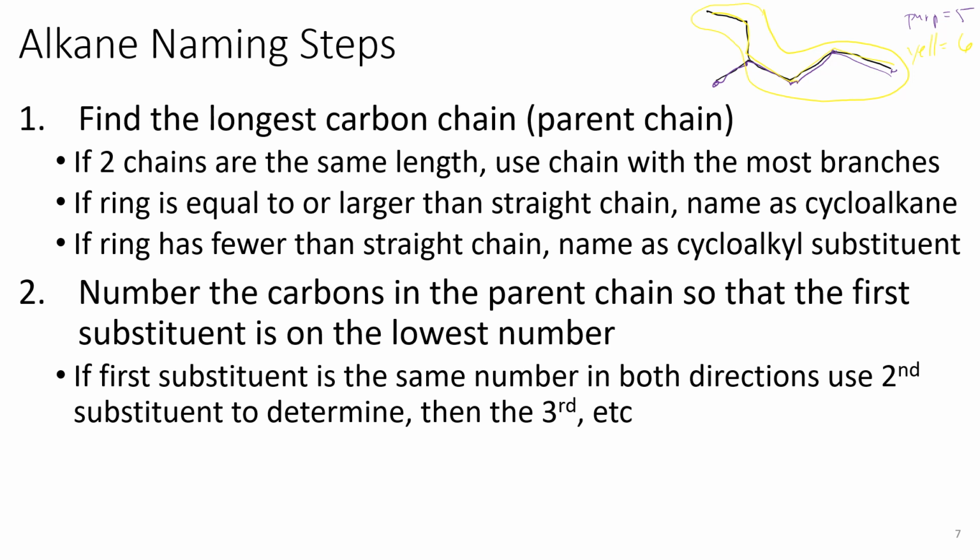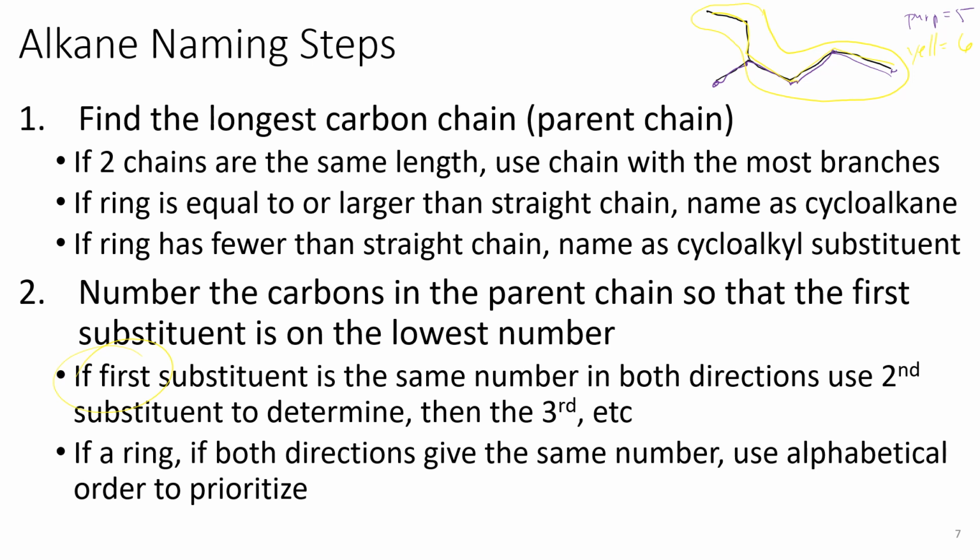And then the third substituent and make that the lowest number. So the goal is to have as many of them on the lowest number as possible. But this is if and only if the first substituent is on the same number in both directions. Your job is to first make the very first substituent on the lowest number possible.